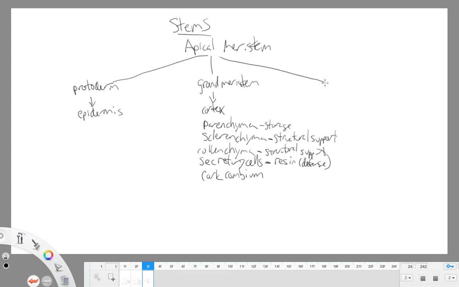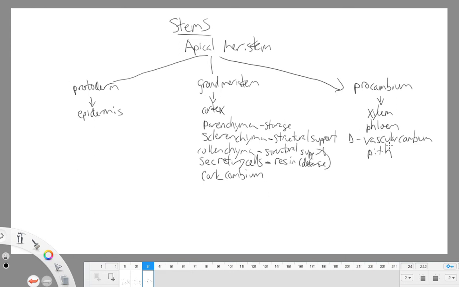And then lastly, we have, just like with our roots, our procambium, and that is going to produce our primary xylem tissue, phloem, vascular cambium, if we have our dicots, and our pith tissue, which is produced in both. Right? So very, very similar.